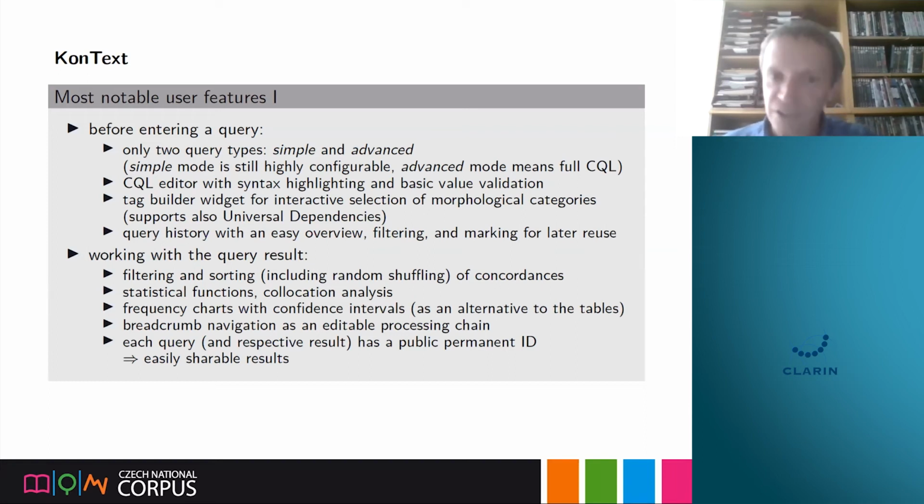You don't have to make screenshots or whatever. Just send the link, and the people can then have a look at the breadcrumb navigation, edit the processing chain, and they can easily see, well, these were the steps, and here, say in step 2, is the cause of what you see and what seems to be strange. So this is a very important feature.